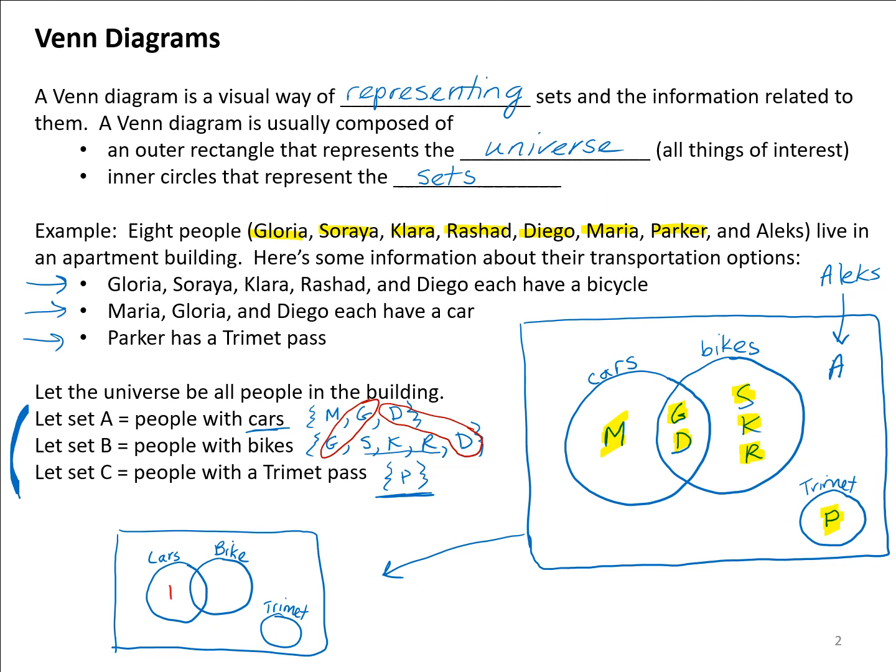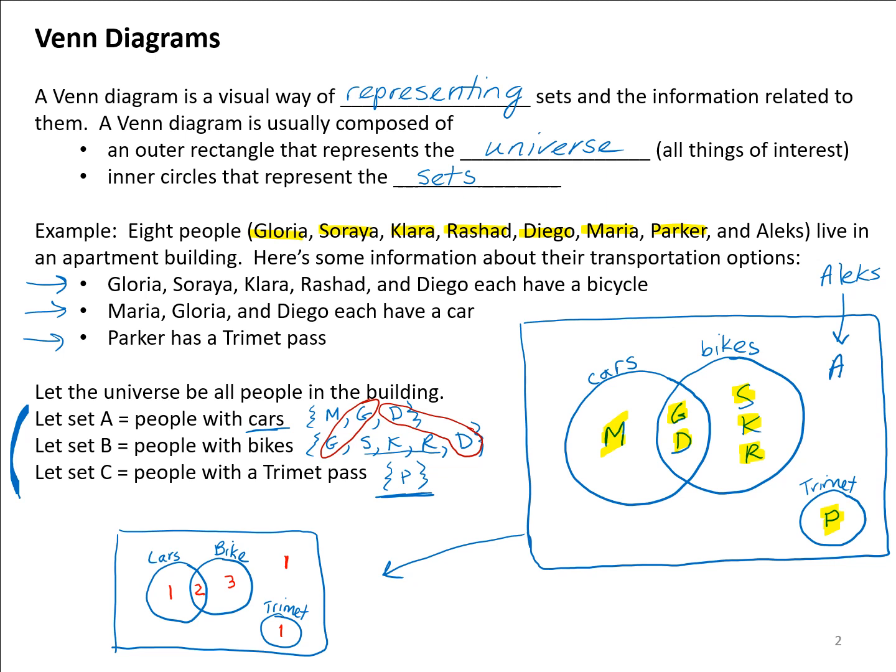So we had one person who had a car but not a bike. We had 2 people who had cars and bikes. We had 3 people who only had a bike, and 1 person that had a TriMet pass. And then we had 1 person that was outside of all of the sets, but was still in the universe, in other words, in the apartment building.